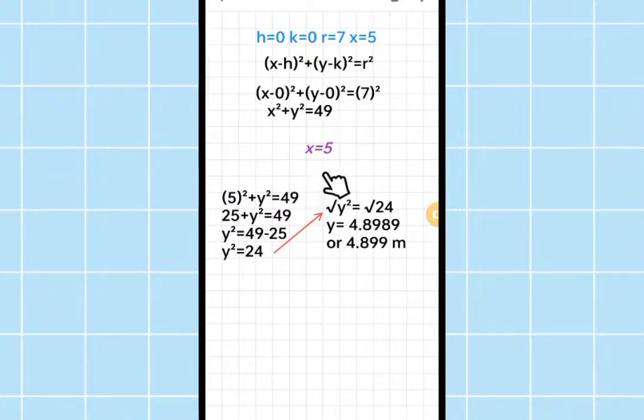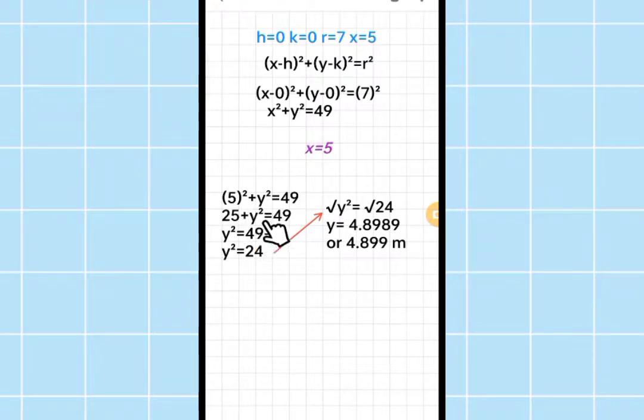Now we will use the value 5 to substitute in this equation to find the height of the tunnel at the edge of each lane. So 5² + y² = 49. 5 times 5 is 25, so 25 + y² = 49.